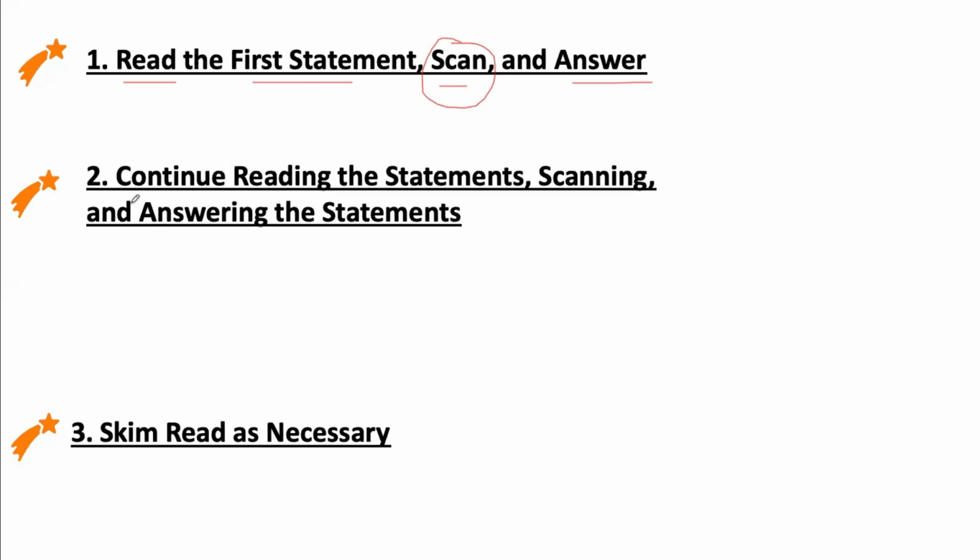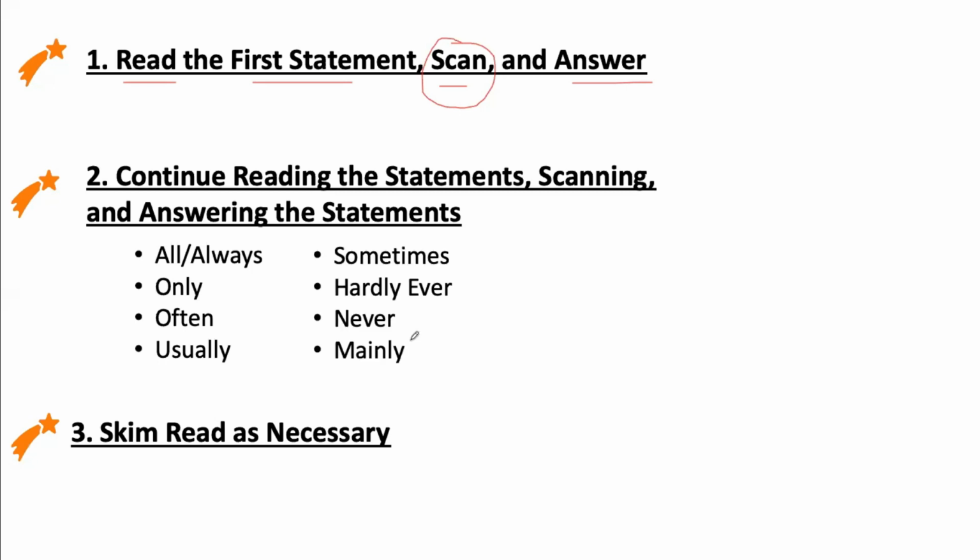Then you can just continue reading the rest of your statements, underlining your keywords, and then scanning for those words in the passage as well, and then answering. However, it's really important that you pay attention to absolute words. And we just saw "all", for example, in one of our examples before.